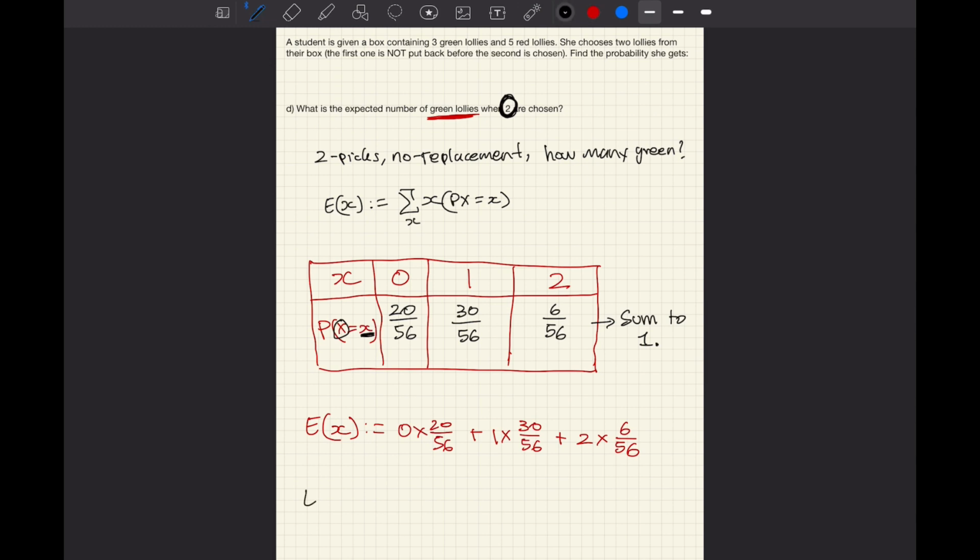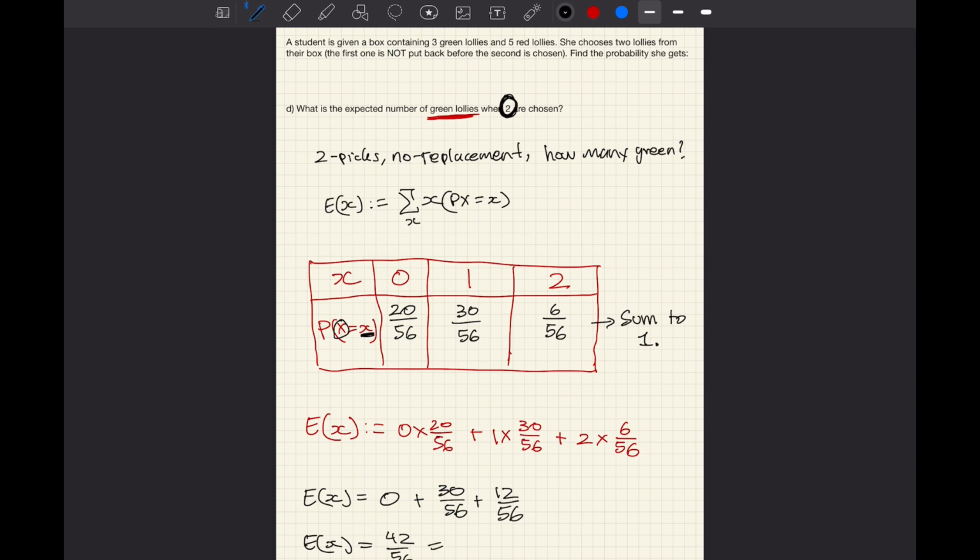So let's finish off our question. So expected value of X is going to be 0. So anything multiplied by 0 is 0. Plus 30 on 56, because that's multiplied by 1, plus 12 on 56. Now this is 42 on 56.